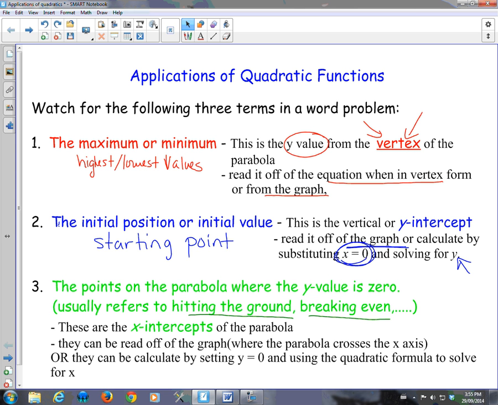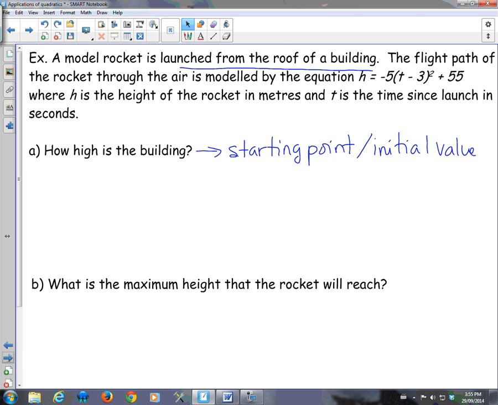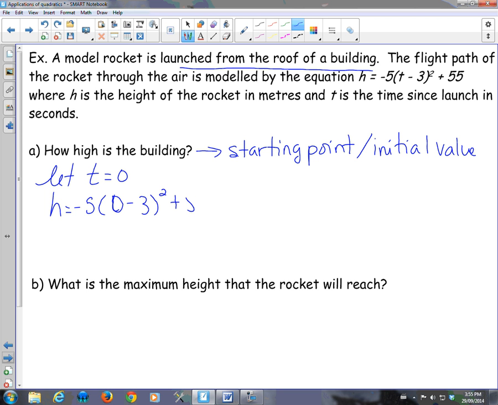So if I don't have a graph, I'm going to put 0 in for x and solve for y. That means I'm going to put 0 in for t and solve for my h. I need to grab my calculator and we'll figure that out.